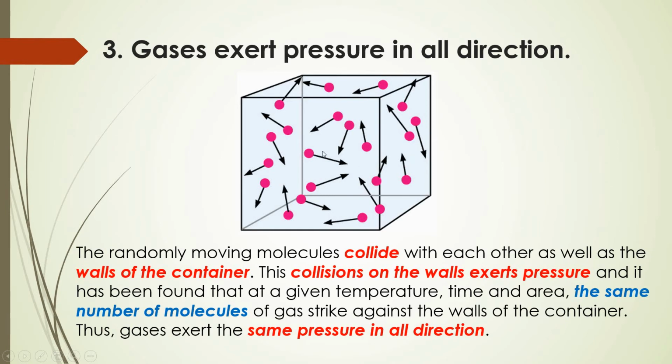If that had happened, the pressure on this side would have been more than on this side. But in reality, the molecules colliding with the wall on this side equal those colliding with any other side of the container, therefore exerting an equal amount of pressure in all directions. So we can conclude that gases exert pressure in all directions in equal amount.